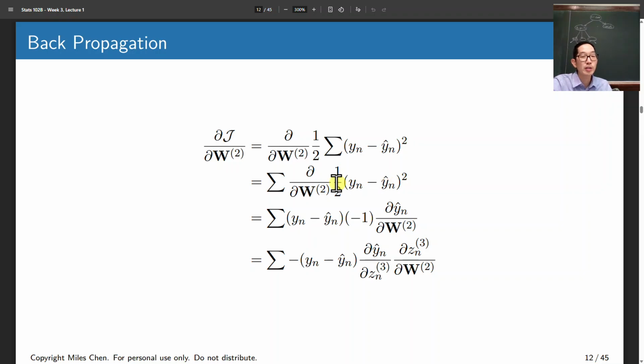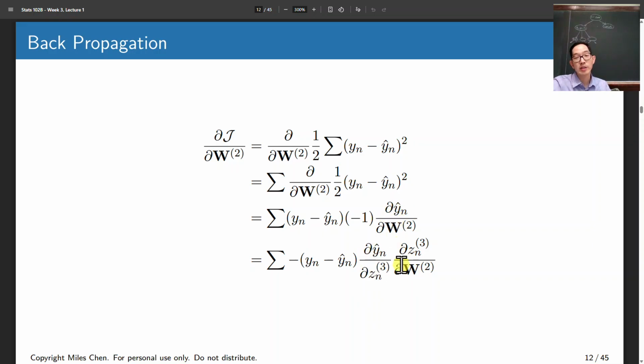So applying the chain rule, I get the sum of y minus y hat times -1, and then the derivative of y hat with respect to W2.